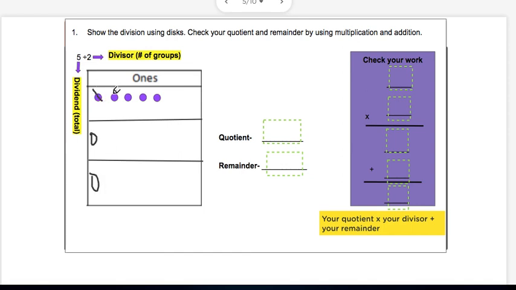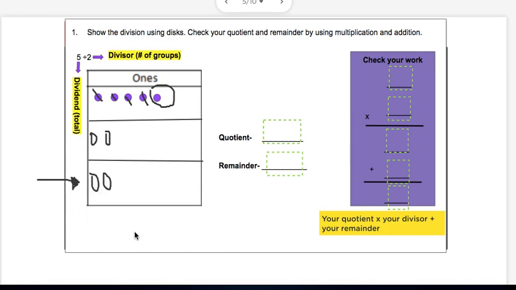Do not put 2 discs in one group. You're going to continue making sure that you are distributing them equally. Uh-oh, I have 1 left. What is this one left over called? Yeah, a remainder. Box it in. How many groups am I focusing on to find my quotient? Good, only 1 group. Remember, only 1 group.